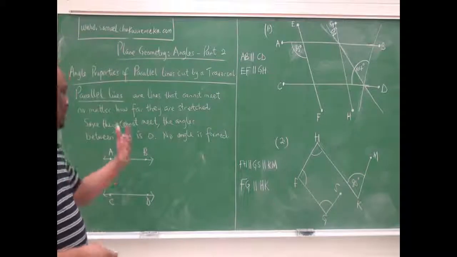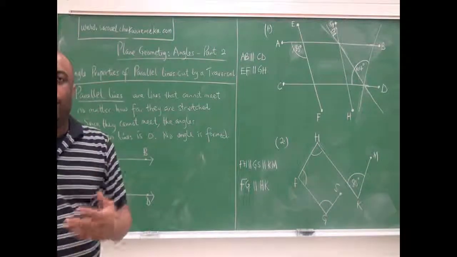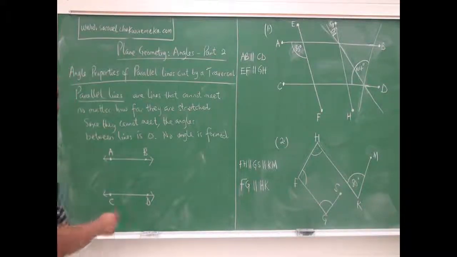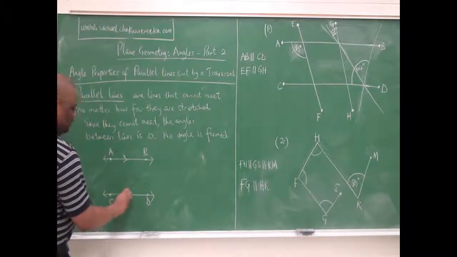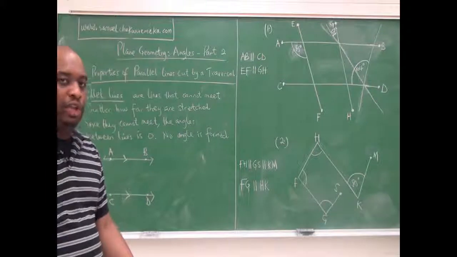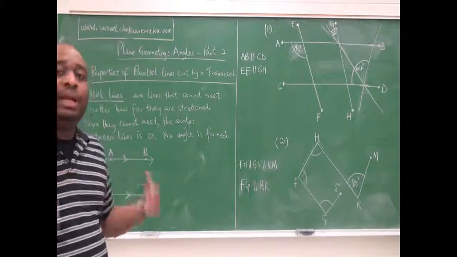We can either write in the instruction that line AB is parallel to line CD, or we can put an arrow here and the same arrow here. So even if you are not told that the two lines are parallel, just know that they are parallel.